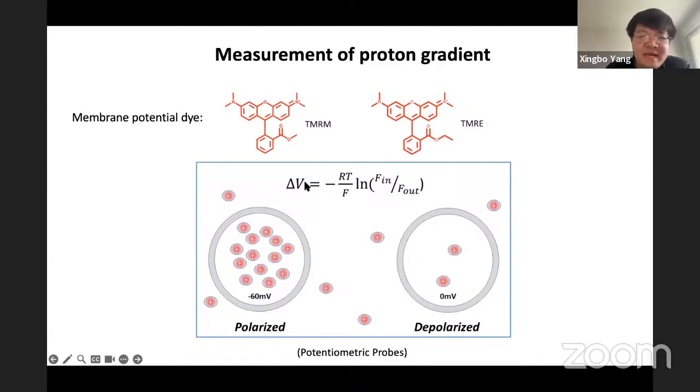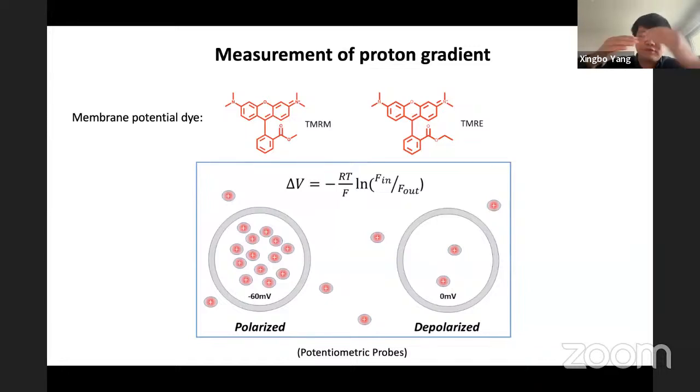It's actually quantitative, but to make it quantitative you really need a lot of calibration. This dye follows Nernst equation type of kinetics, where the accumulation inside and outside of a charged membrane gives you the actual membrane potential.